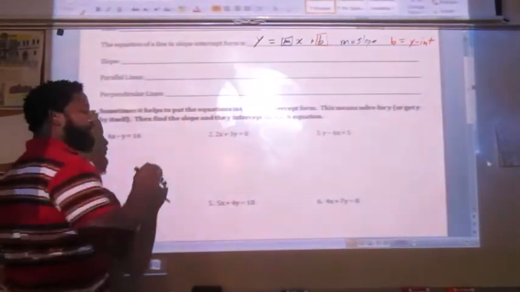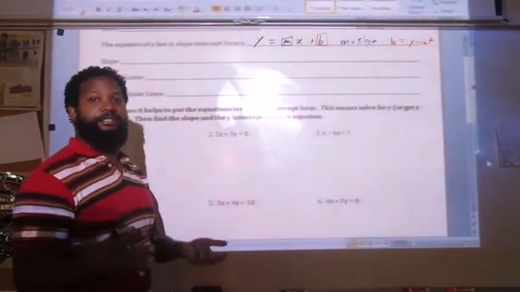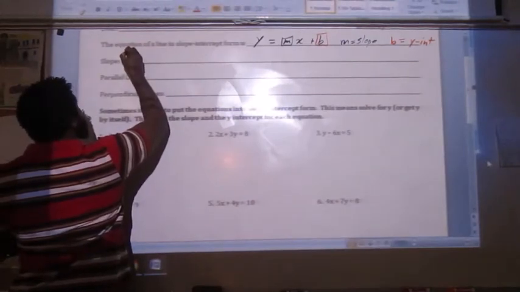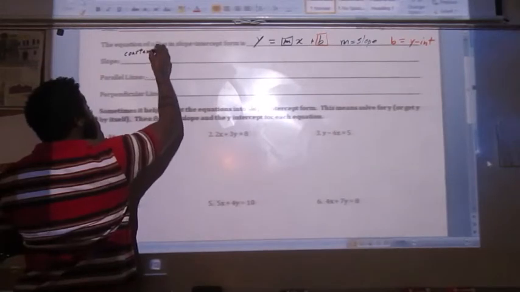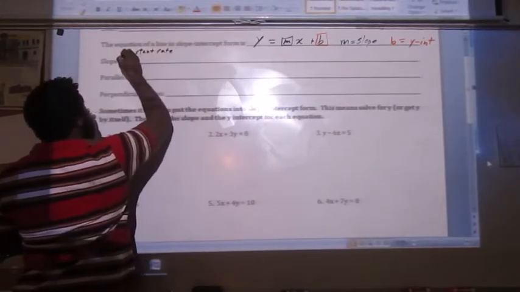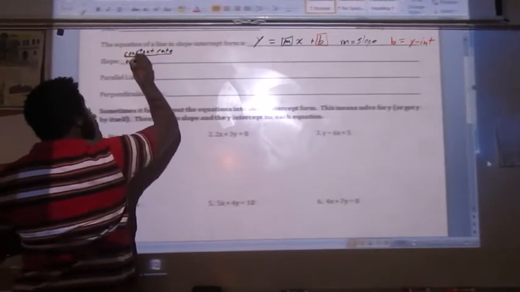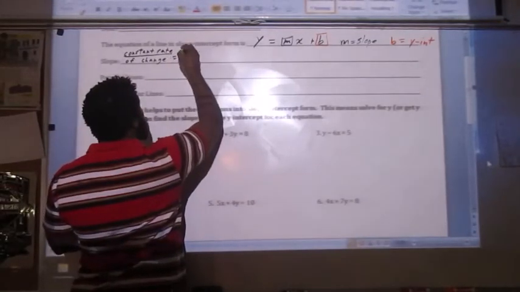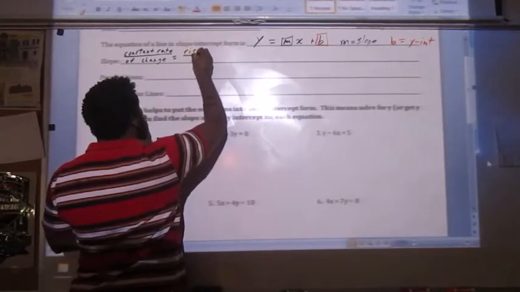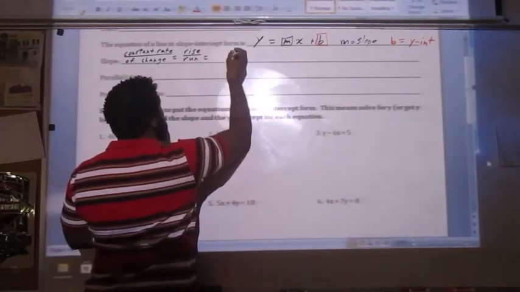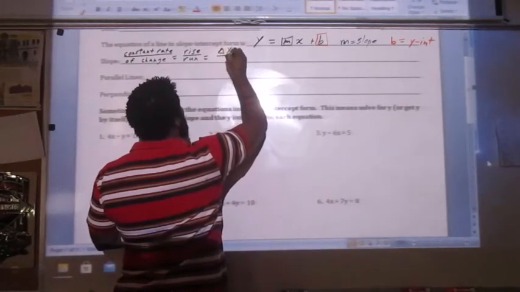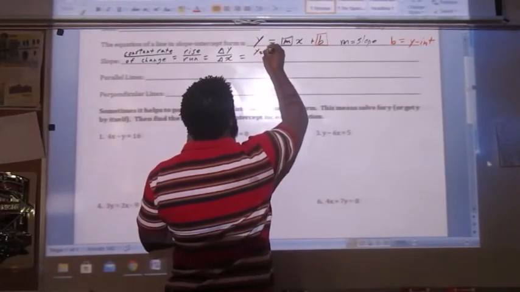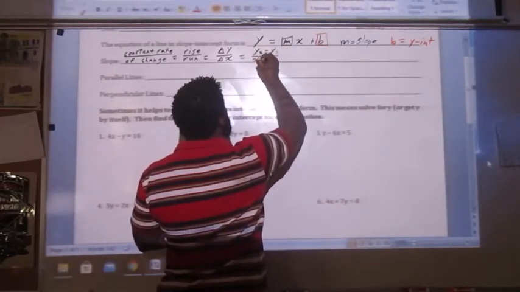The basic definition of slope is the constant rate of change, also known as rise over run, also known as delta y over delta x, also known as y2 minus y1 over x2 minus x1.